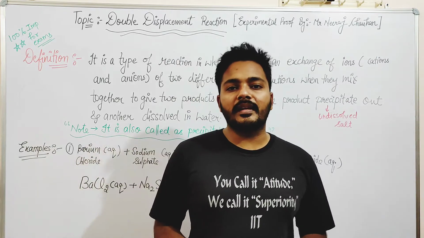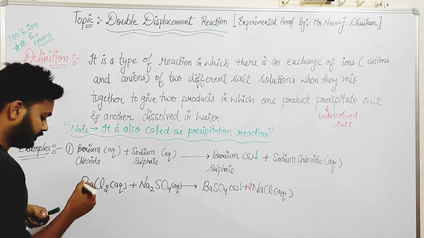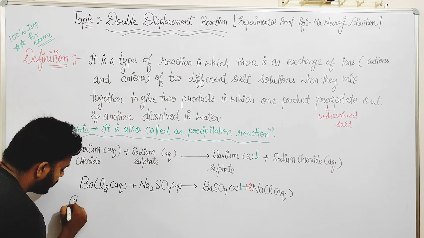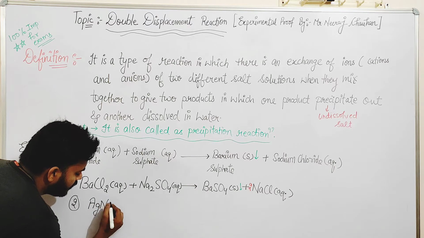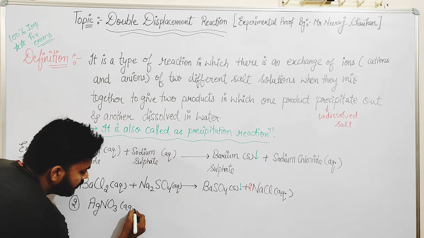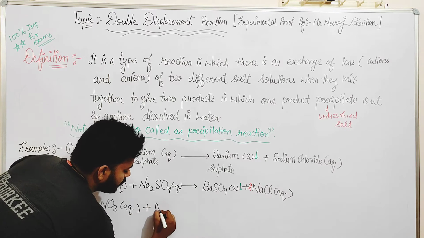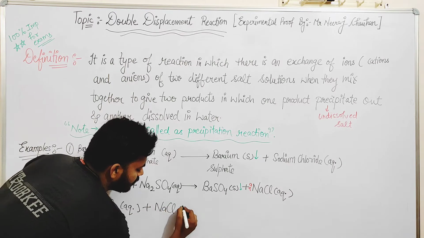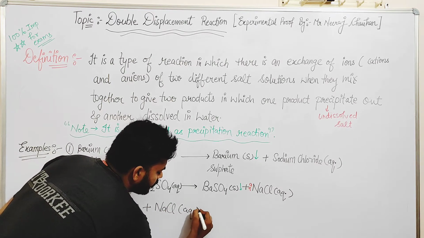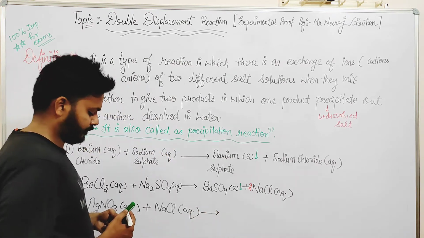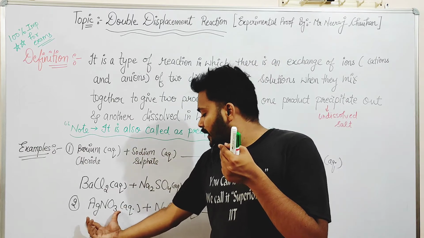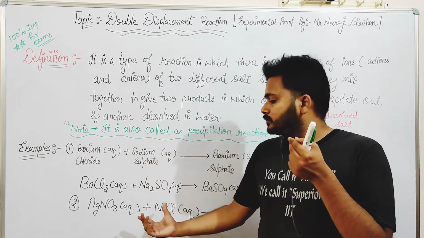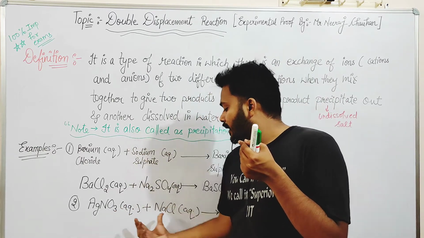Let's do one more example. Now in the second example I have written silver nitrate plus sodium chloride, AgNO3 and NaCl.